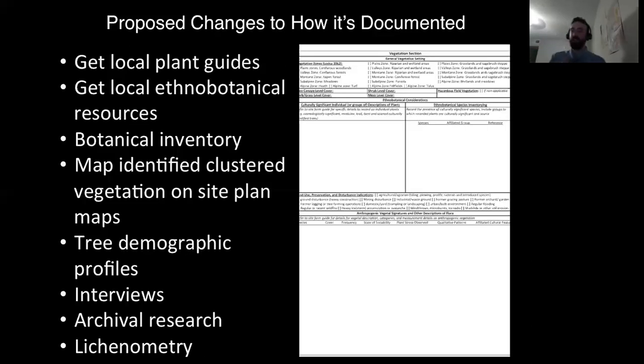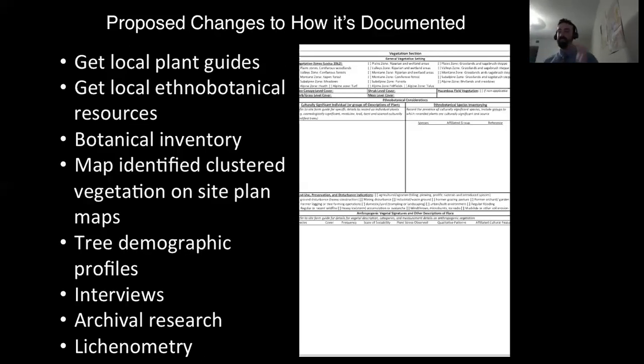For those with more time on their hands, we can engage in what Sanford and Newman have written about. They've come up with this method called tree demographic profiles in their books on practicing archaeology and cultural resource management, where they go into detail about linking the diameter breast height of trees, in other words, how wide around the trunks are of certain species, and arranging it in a way that we would with other kinds of artifacts on a chart to depict the sort of trends in popularity, and as it tapers off over time.